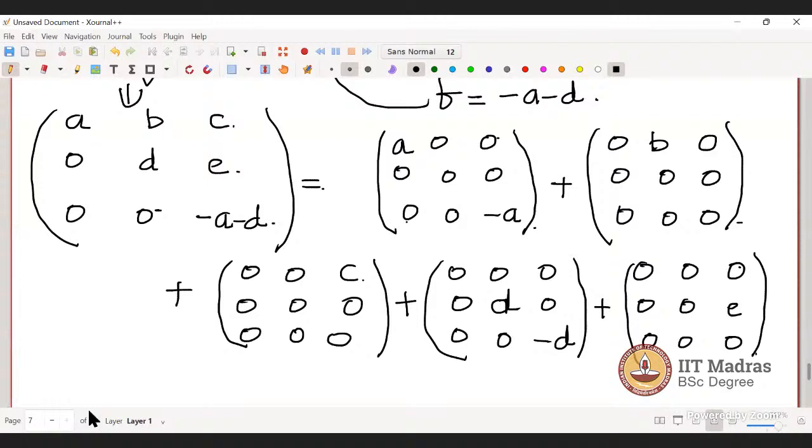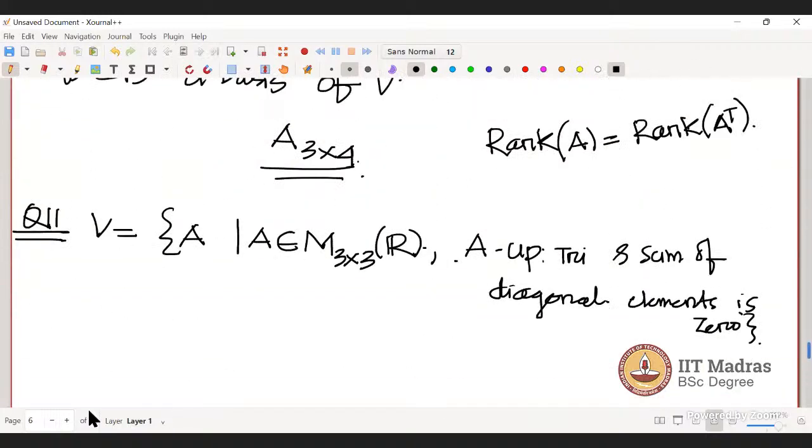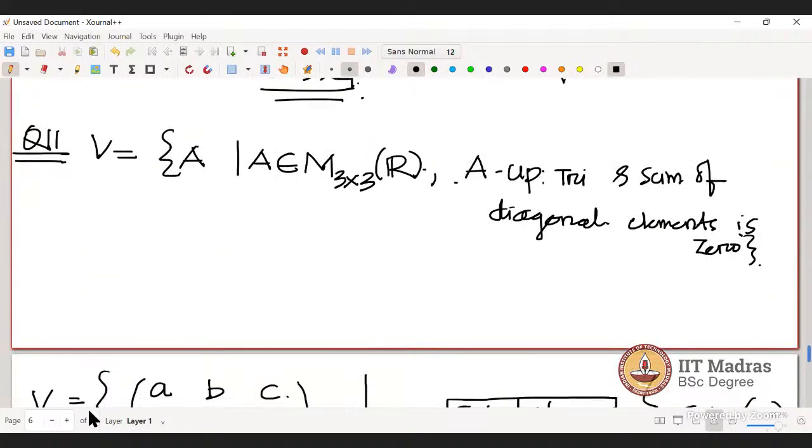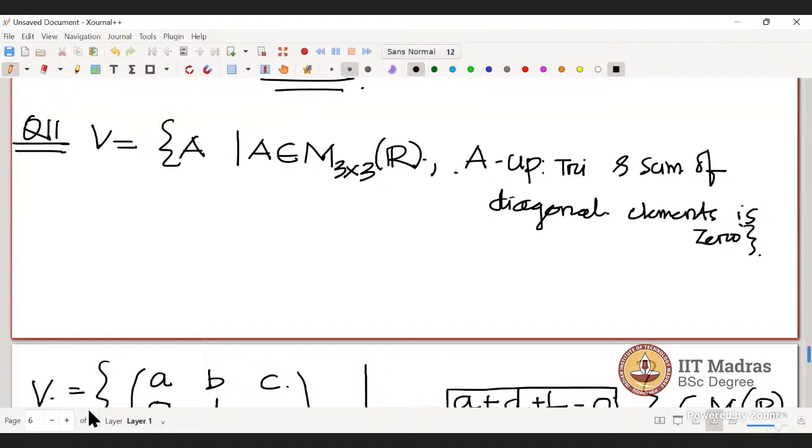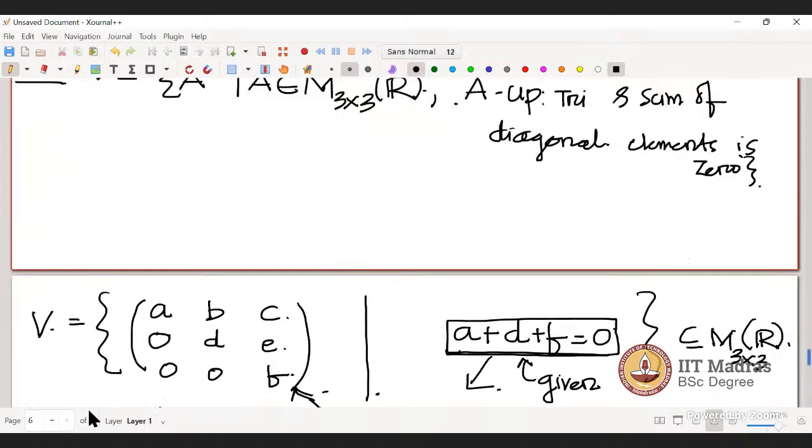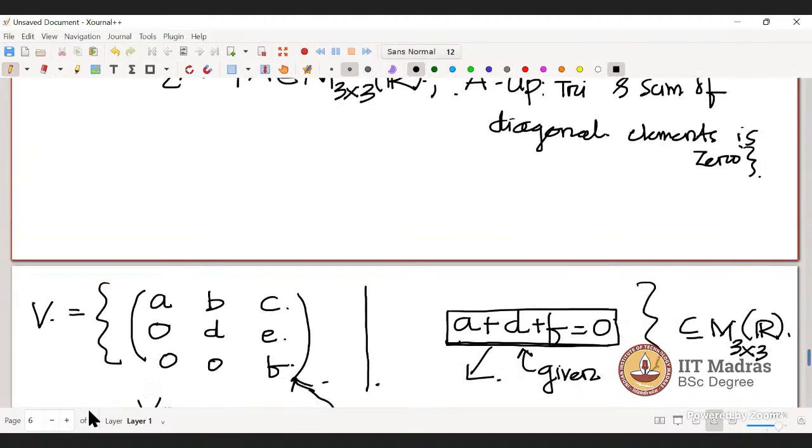Again, you are confused with 2 different things. When you are talking about the rank of a particular matrix, this is a vector space.